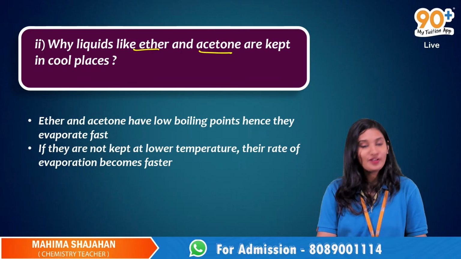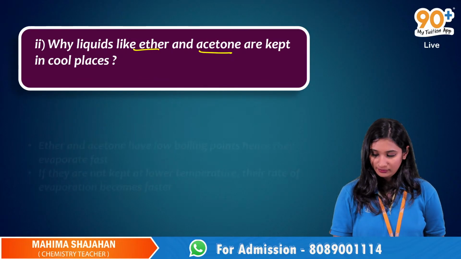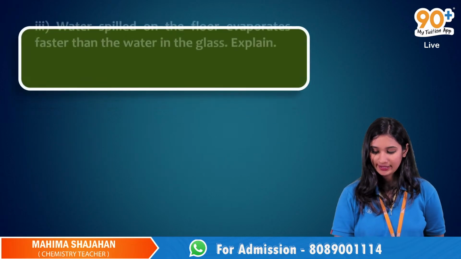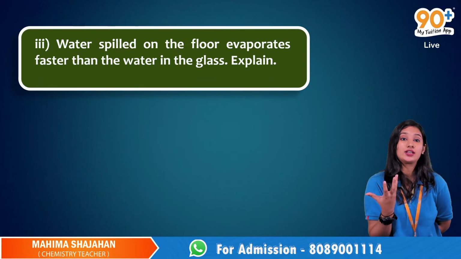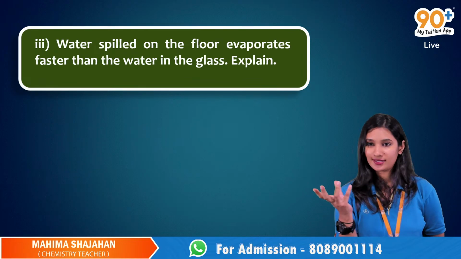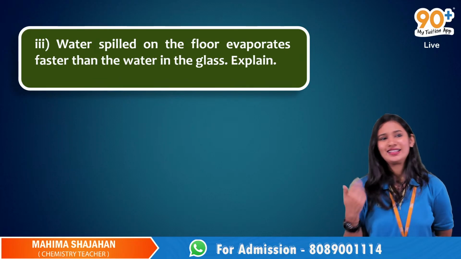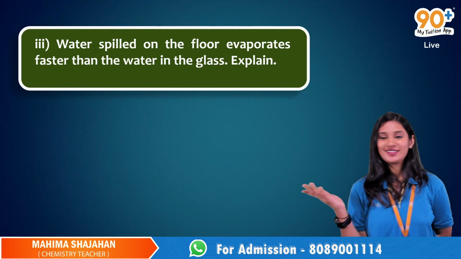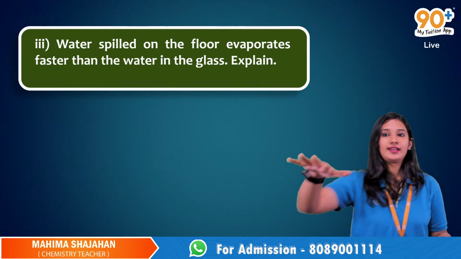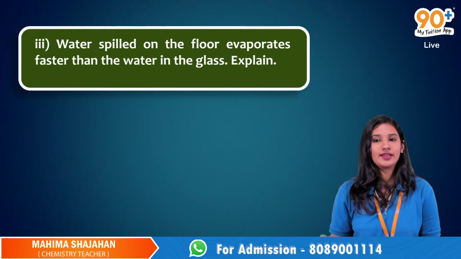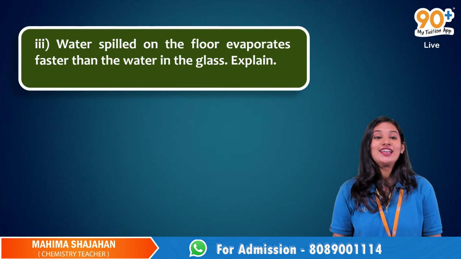Okay. Now third question. Water spilled on the floor evaporates faster than water in a glass. Explain why. This is an easy question. Water spread on the floor evaporates more easily compared to the glass, very good.